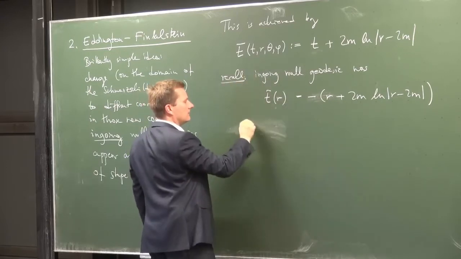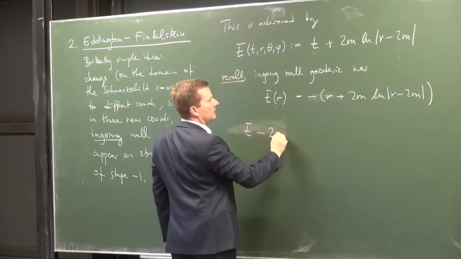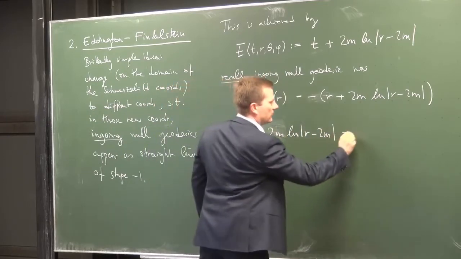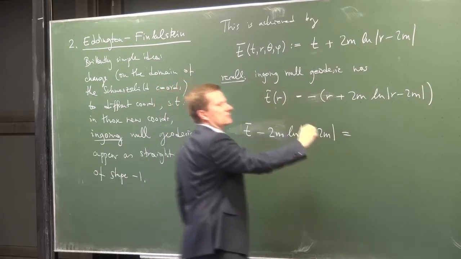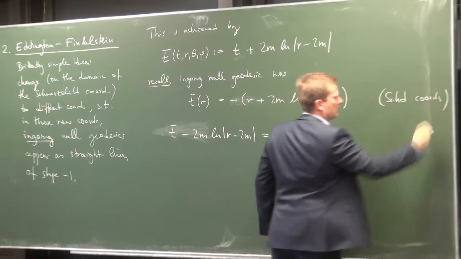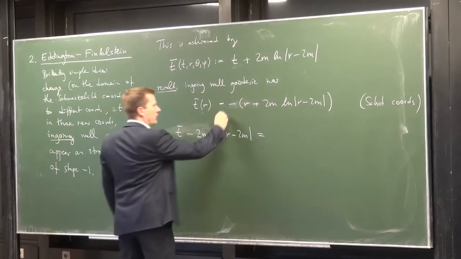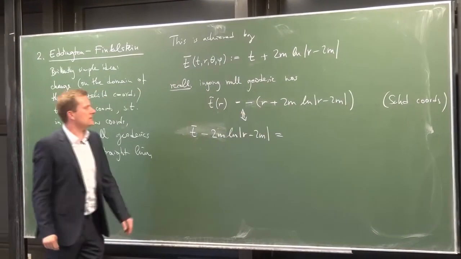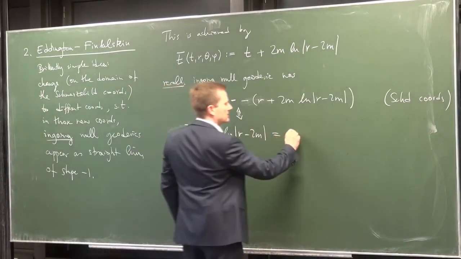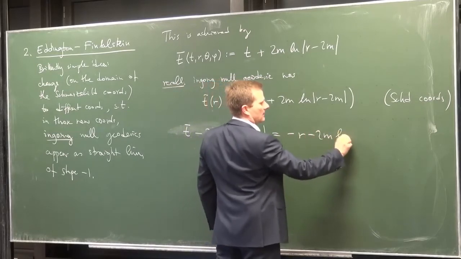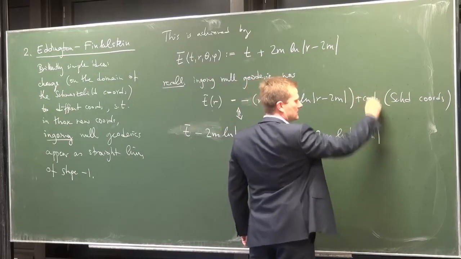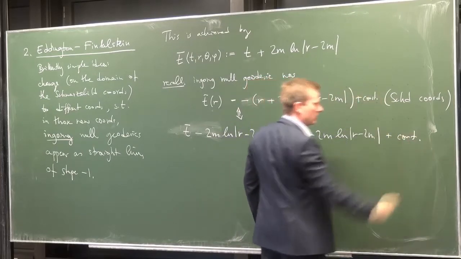So you have t bar minus 2m ln r minus 2m equals, so this is the null geodesic in Schwarzschild coordinates. And now we reformulate this same equation in the other coordinates by replacing the t by this, equals minus r minus 2m ln r minus 2m. And here I forgot plus constant. Now I have it here, plus constant.